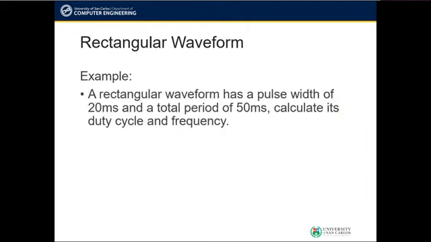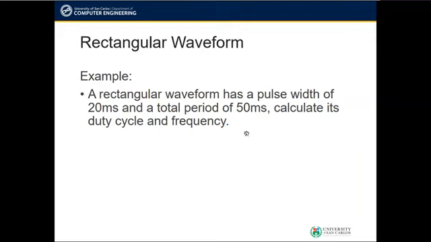Let's try to solve an example. A rectangular waveform has a pulse width of 20 milliseconds and a total period of 50 milliseconds. Calculate its duty cycle and frequency.